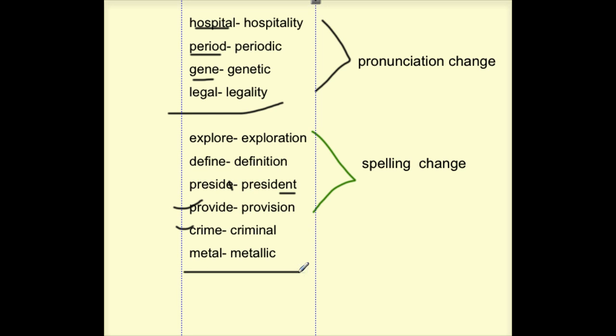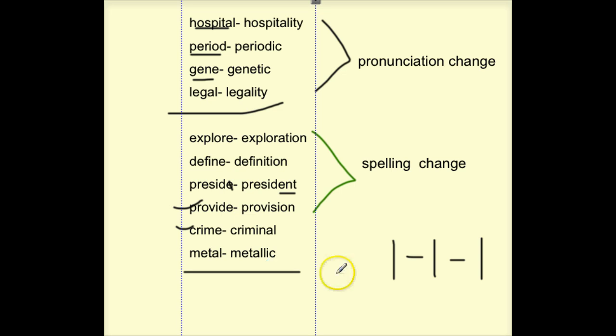to metallic, we double that L, that final L, which is really a word that's not following the 1-1-1 rule, because the 1-1-1 rule is one syllable words with one short vowel ending in one consonant. Okay, that's when we double the consonant before the suffix.